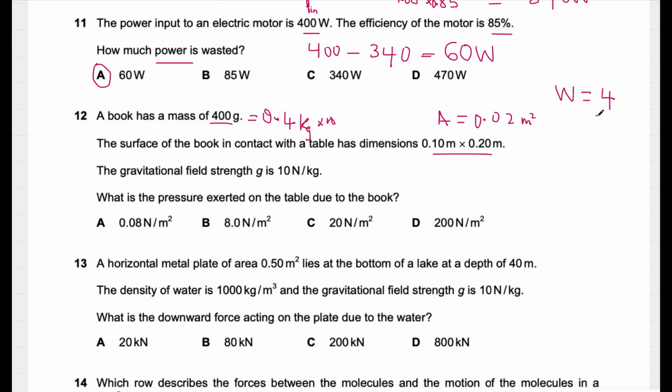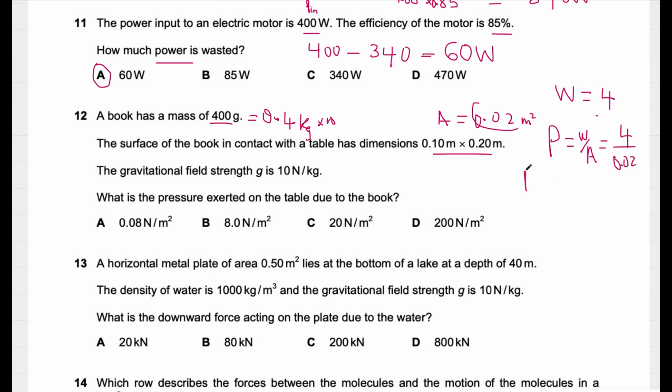To get pressure, pressure is force or weight over area. So we say 4, the weight we got, divided by the area we calculated before, remember 0.02. 4 divided by 0.02, we get the pressure.